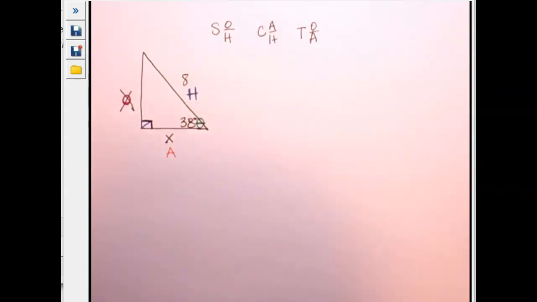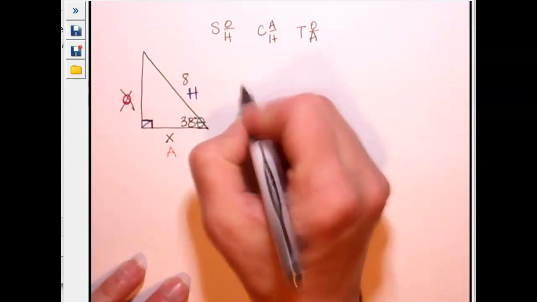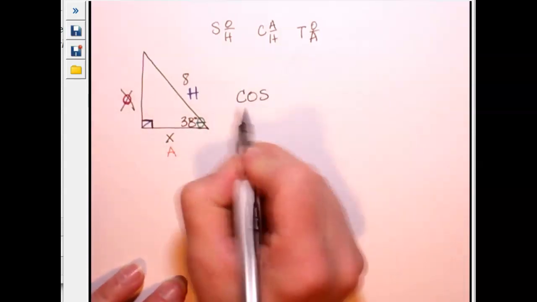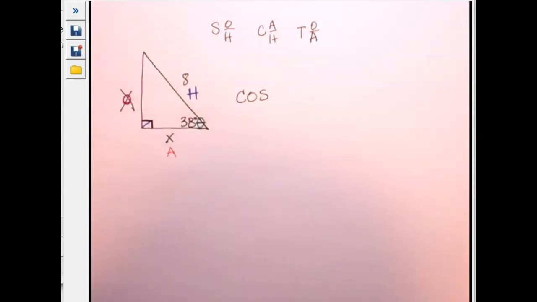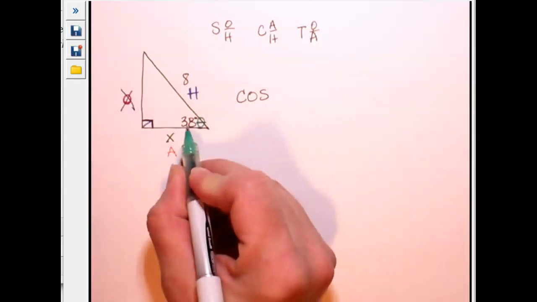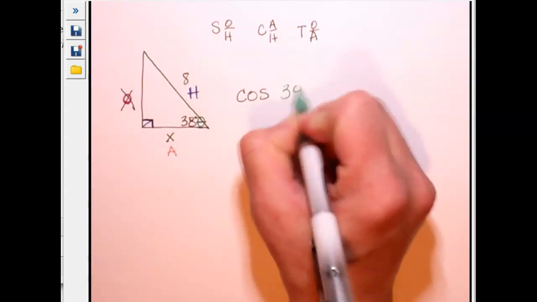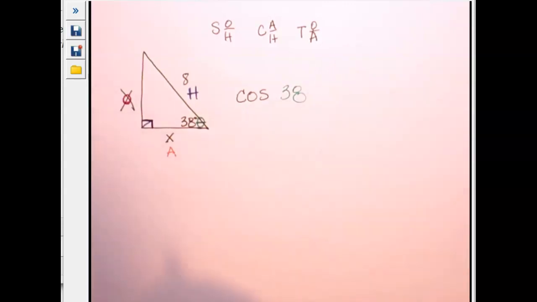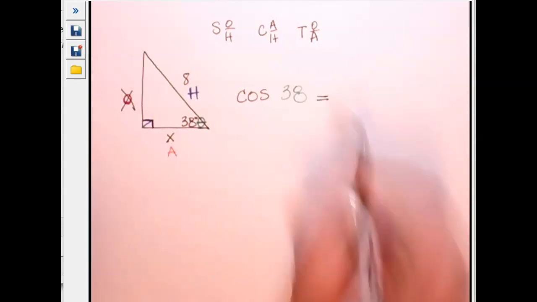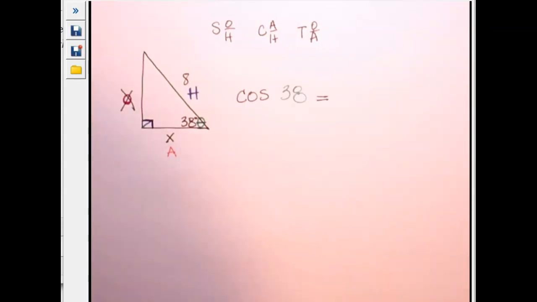So we're just going to set it up. Cosine. So remember, the trig function and the angle go together always. And theta is 38. So we have the cosine of 38 is equal to, we want to do the adjacent.